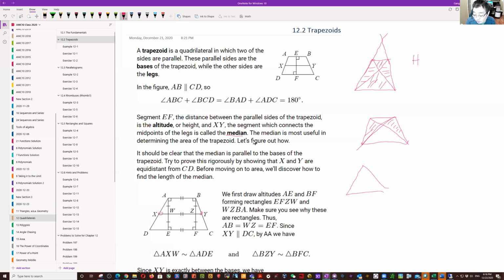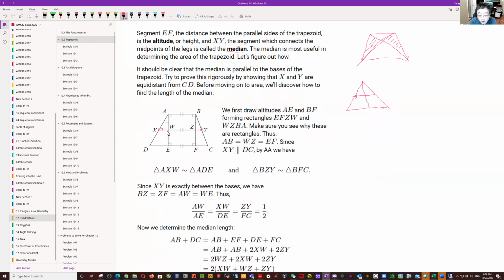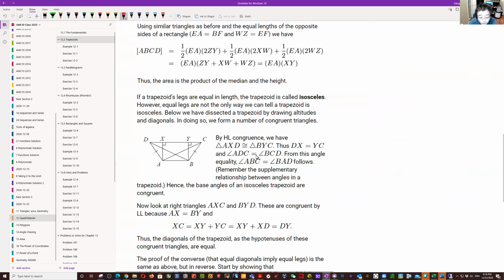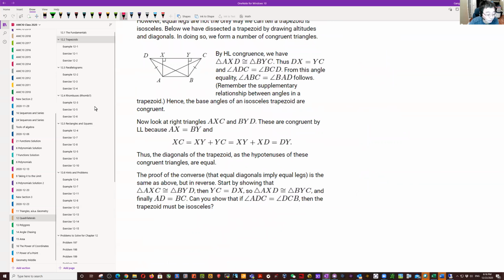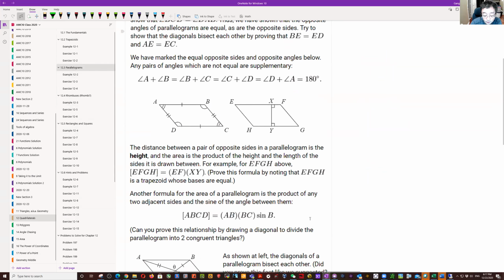The mid segment of a triangle is this, and the median of a triangle is this. But for trapezoids, they are the same thing. And the area of the trapezoid is the median multiplied by the height. So that's the trapezoid.